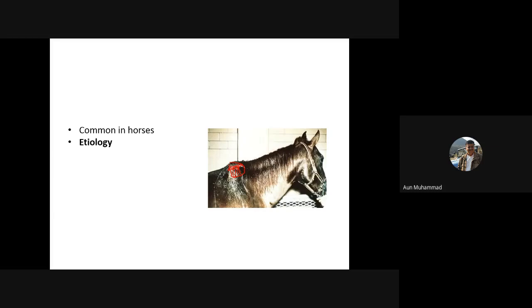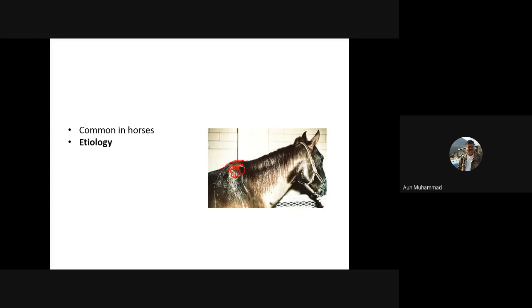Similarly, other associated conditions may be sweating and an ill-fitting saddle. Sometimes the saddle is not fitted well, and the most cranial part of the saddle strikes over that area and leads to injury or trauma, and ultimately this trauma may lead to development of a fistula.